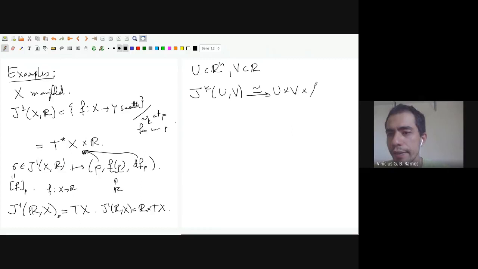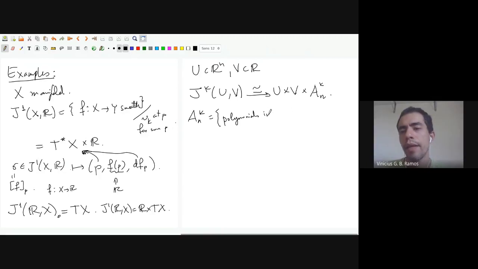So I claim that there is a bijection with this. And what's A_k? A_k is just the set of polynomials in n variables, polynomials P from R^n to R, such that P(0) equals 0, so with no constant term.